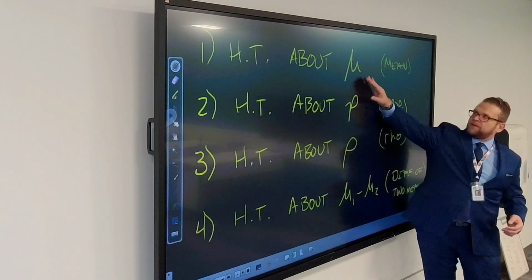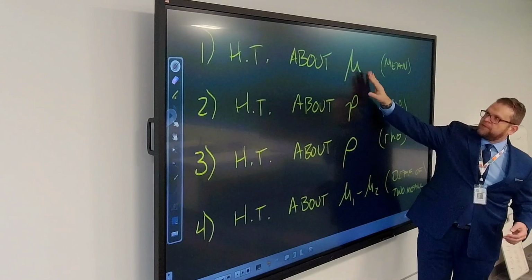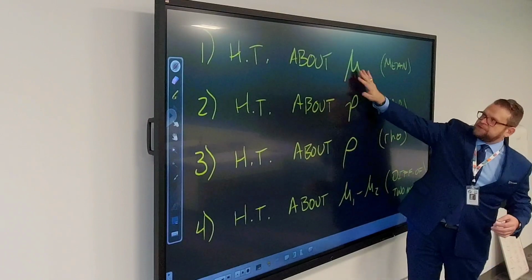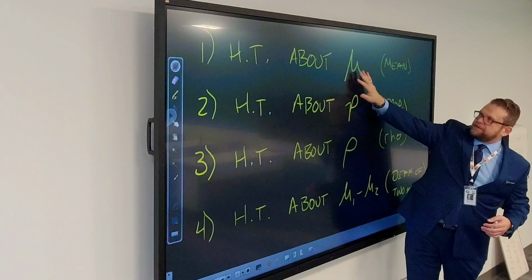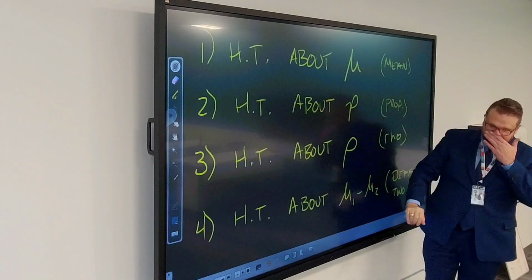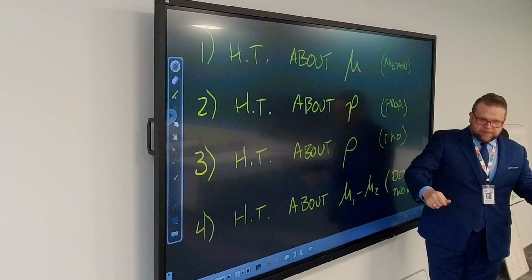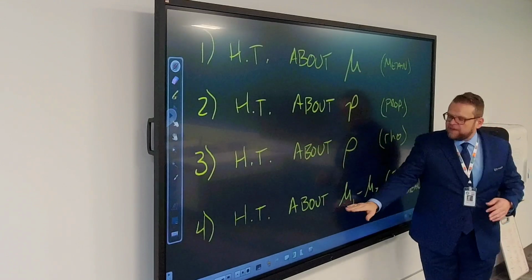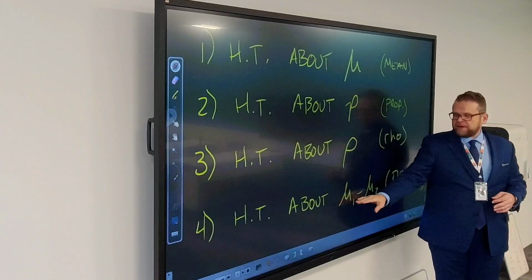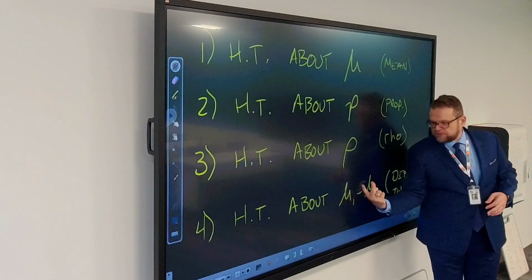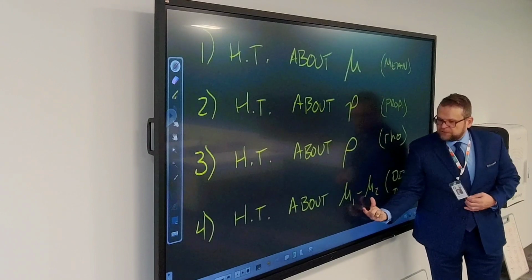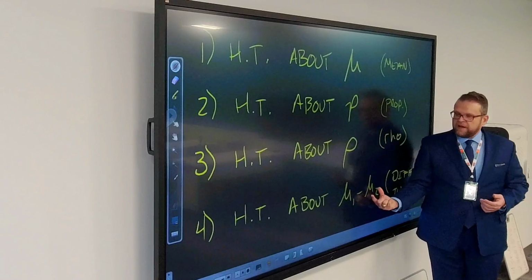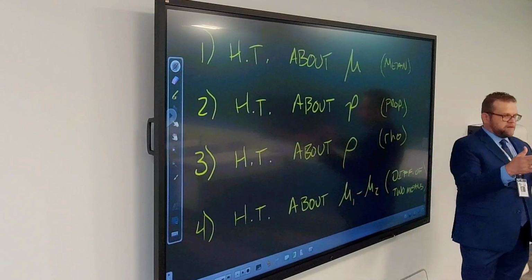Just like up here, they would have claimed some mean: average blood pressure is 120, and then you can take a sample and check to see if that number 120 is correct. So down here, maybe we have a drug that treats blood pressure, and so the change should be 10 points, let's say. Then I can have a sample.